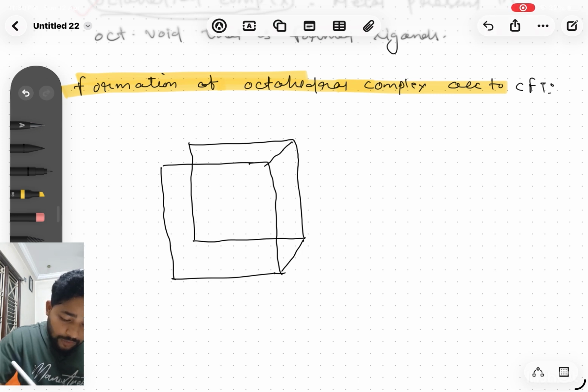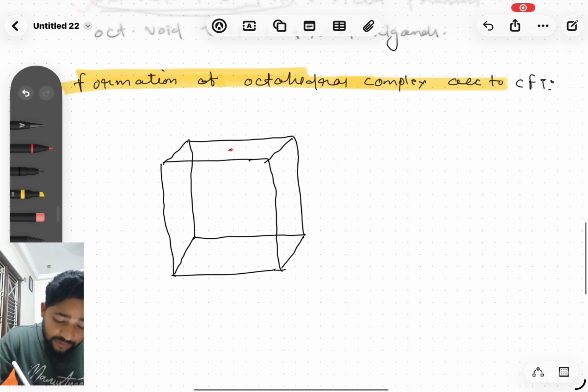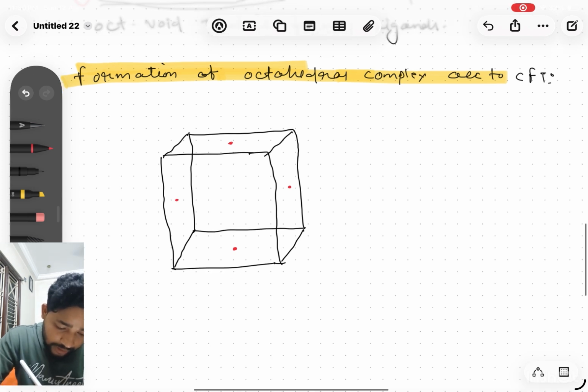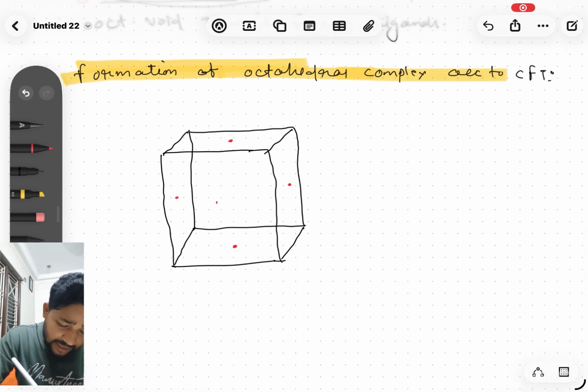This is your cube. Okay, see here in this cube we have six faces, right? This is one face. This is another face. This is another face. This is another face, and this front one is one face, and the back one is another face.